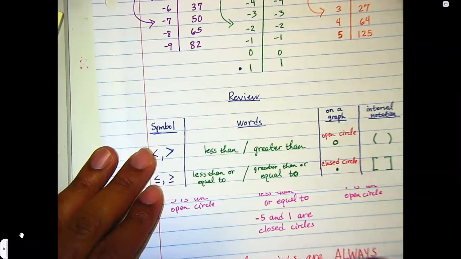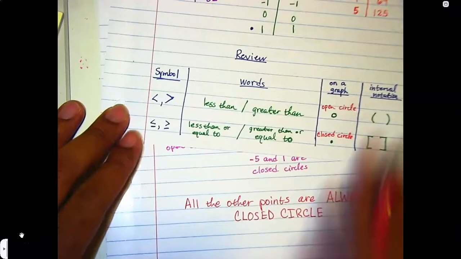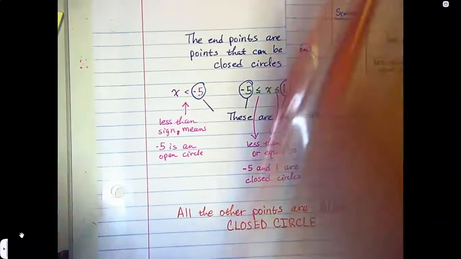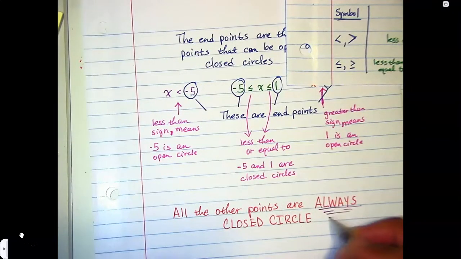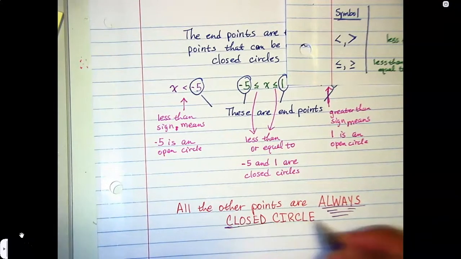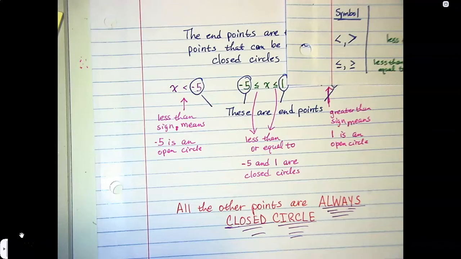Not sometimes, but always. If it's not an endpoint, it is always, every time, no matter what's happening on this graph, a closed circle.